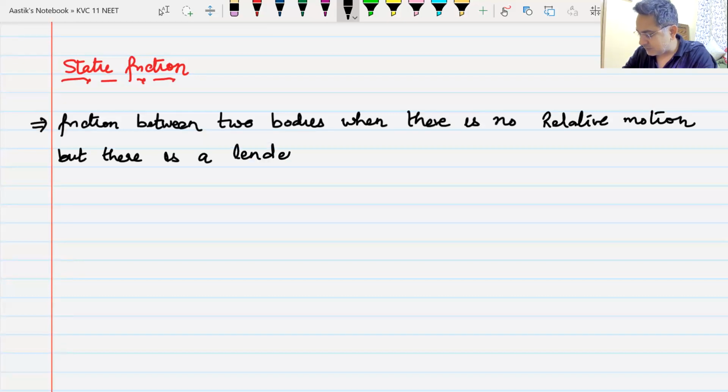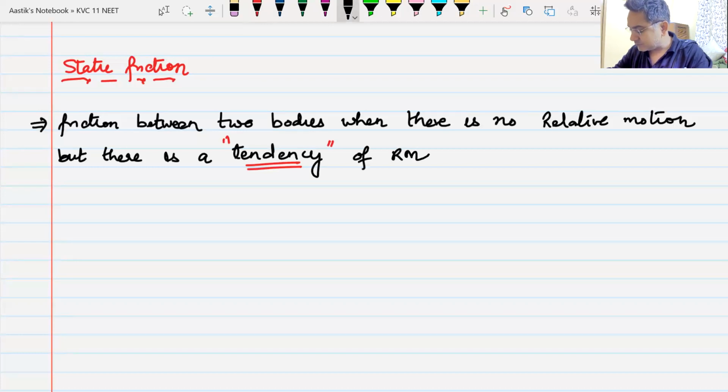I mean, they may want to move. They cannot move, but they may want to move. So we call that a tendency. There is no relative motion, but there is a tendency of relative motion.